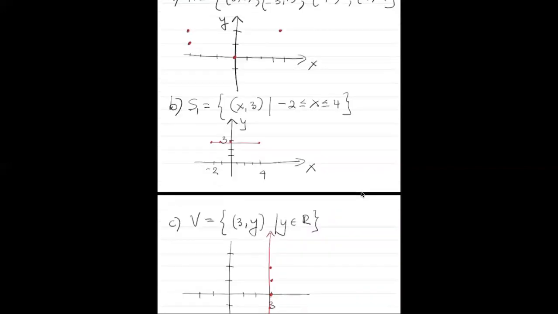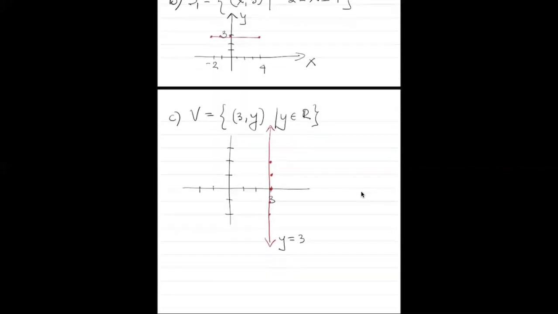This vertical line, if you remember from algebra, is a special line, and it has the equation x equals 3. In the previous example, x was changing, y was fixed. So that is a horizontal line, and here we have a vertical line.